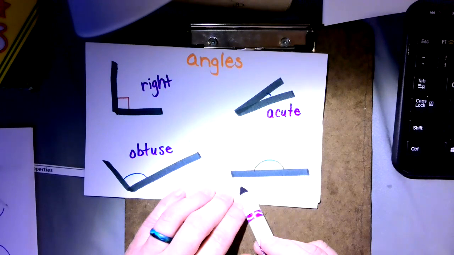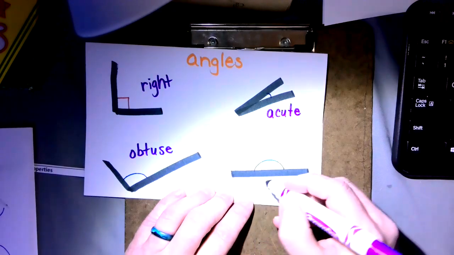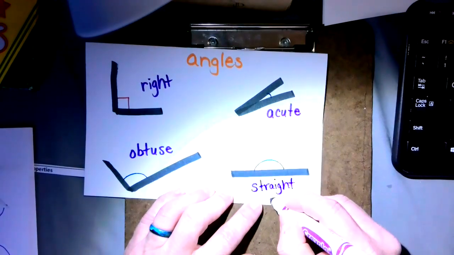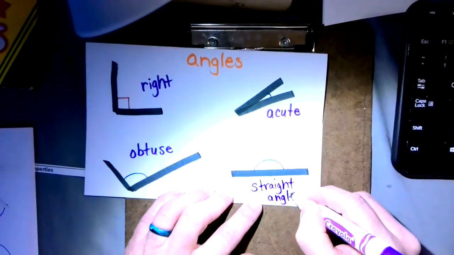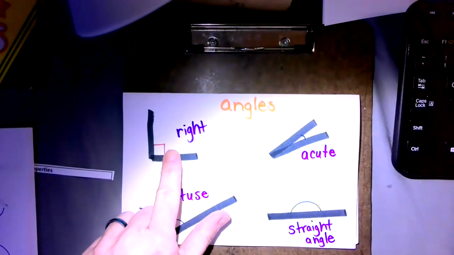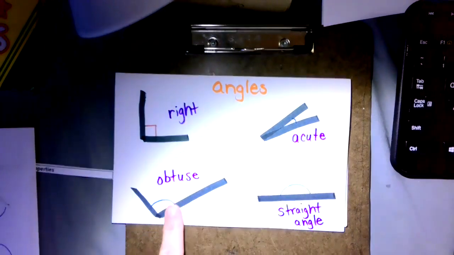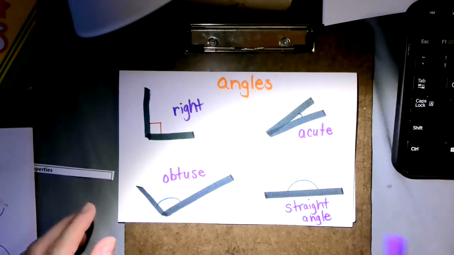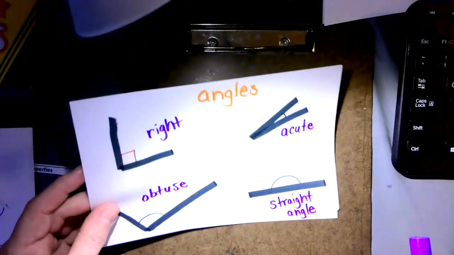Is it crooked, or what's the opposite of crooked? Straight. It's a straight angle because it makes a straight line. It's a straight line, but it's also considered to be a straight angle. So now we have our right angle, the little acute angle, the big wide obtuse angle, and then a straight line, which means a straight angle.